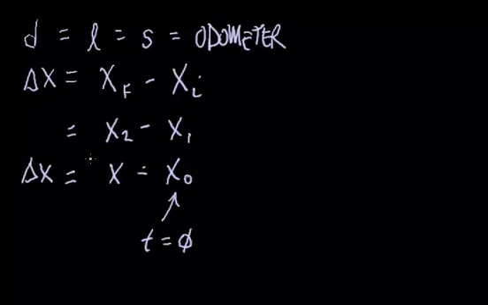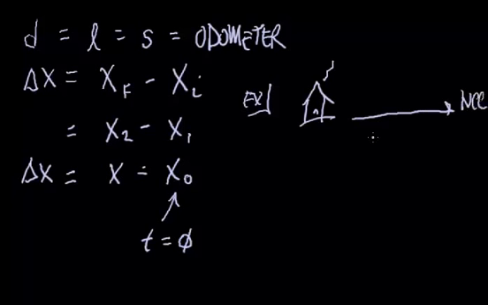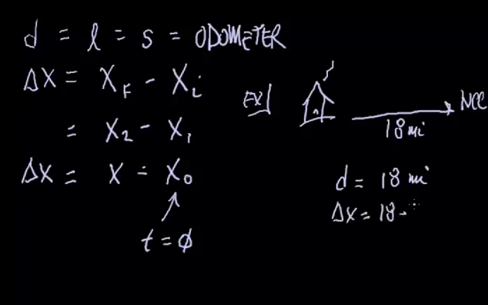However, they are different. Take this example. If I start at my house and drive all the way to school, that's NCC, it's about 18 miles. Okay? My distance traveled on my odometer will be 18 miles. My displacement, well, it'd be 18 miles minus the 0 miles I started, also 18 miles.